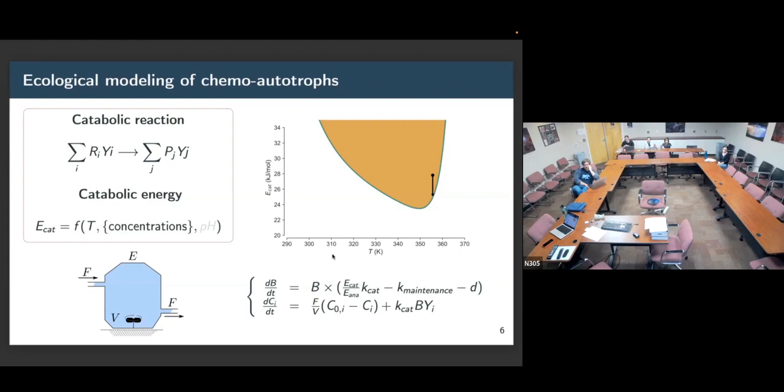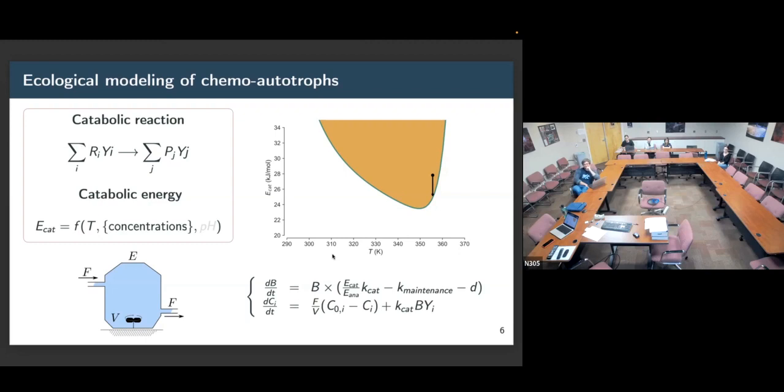Y here is the stoichiometric coefficients in the catabolic reaction, so it's either produced or consumed. And then the growth of the population, so the catabolic production of biomass minus the maintenance. And we also add population-level mortality rates. For example, cells might just die because they are washed out of the system, or other sources that are not directly related to maintenance.